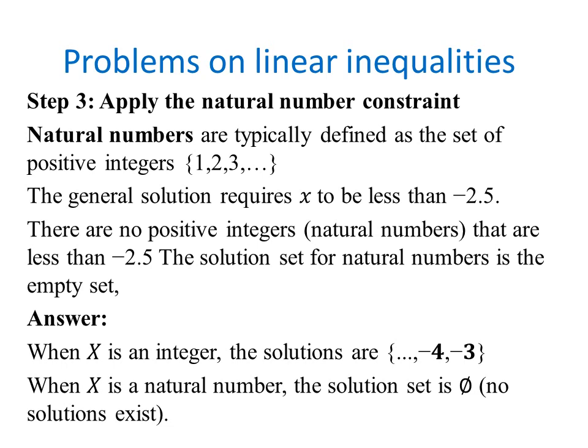Therefore, the solution for natural numbers is the empty set. Finally, when x is an integer, the solutions are minus 4, minus 3, and when x is a natural number, the solution set is empty. That is, no solution exists.